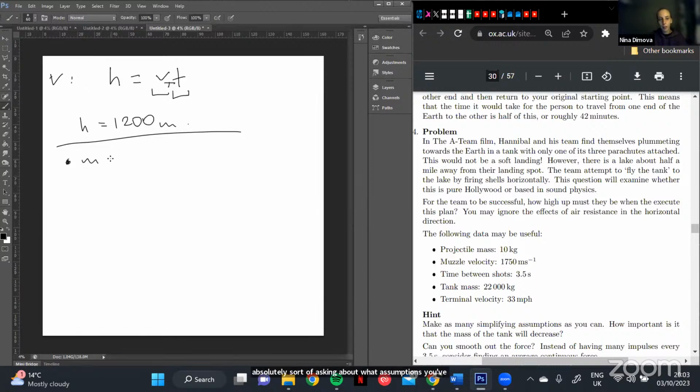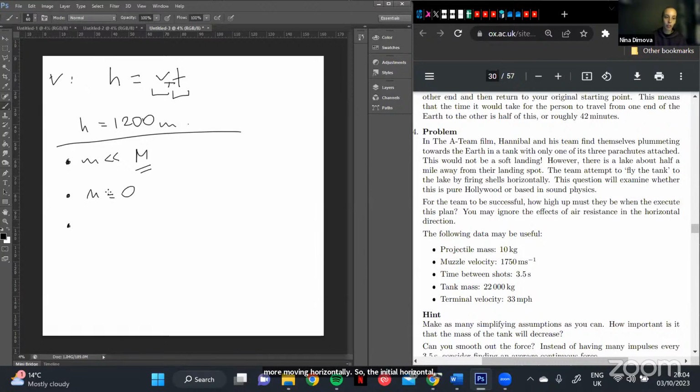So in our formulas, when we use the F equals ma, we assume that the mass of the tank is constant. It doesn't change, whereas you're firing projectiles, which were on the tank before that, but the mass of the projectiles is significantly smaller than the mass of the tank. So this is one assumption we're making. We made the assumption that the initial horizontal velocity is 0, but if the tank is falling from a plane, the plane was moving horizontally, so the initial horizontal velocity might not be 0.